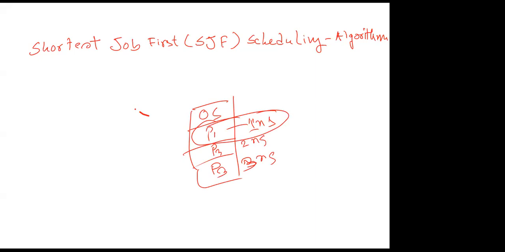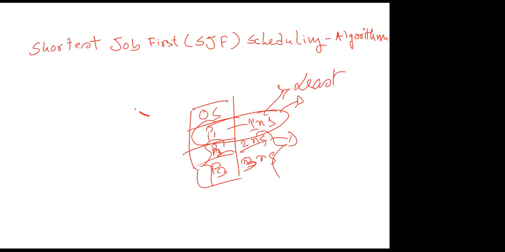Your operating system will schedule process P1 first because it needs the least burst time, or execution time. Once P1 completes its execution, then from P2 and P3, which needs the least burst time?